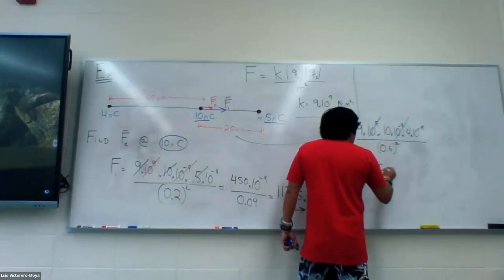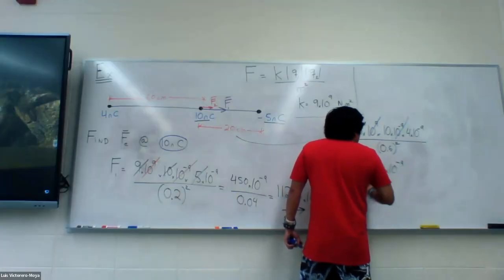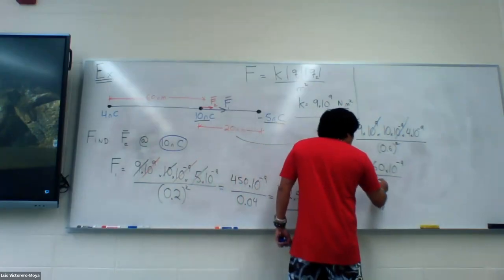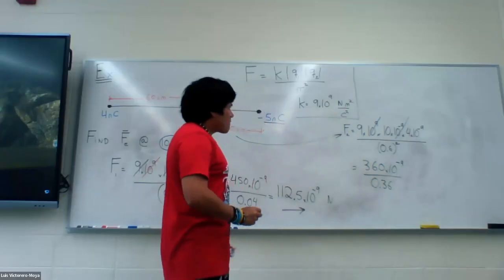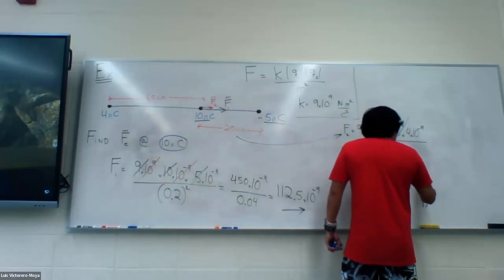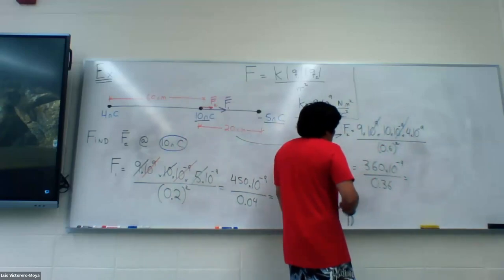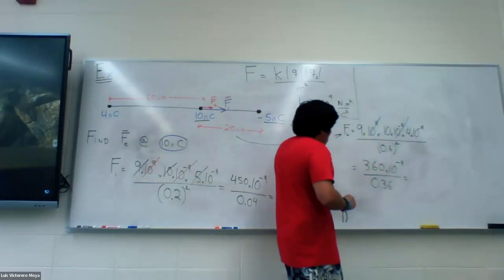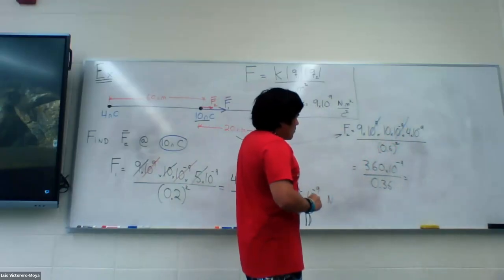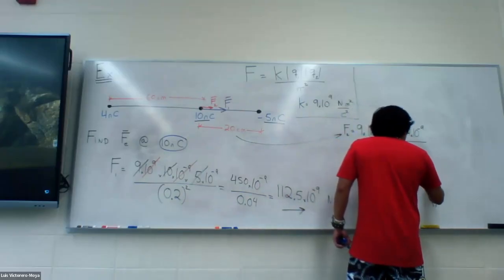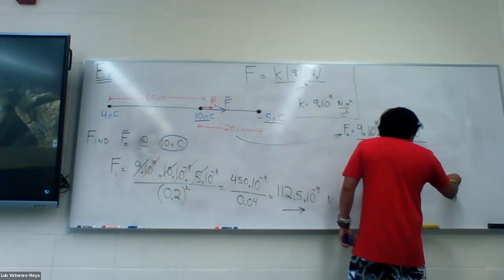So 360 times 10 to the -9 divided by 0.6 squared is 0.36. 10 to the 4. So that gives me 1,000. So 1,000 times 10 to the -9.